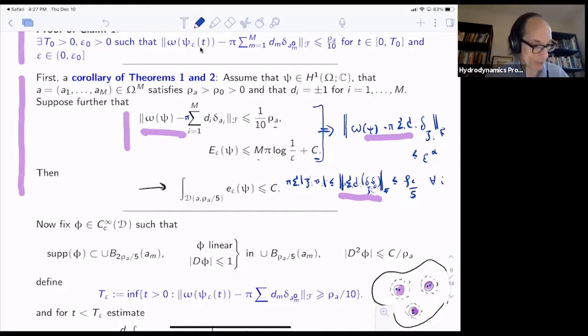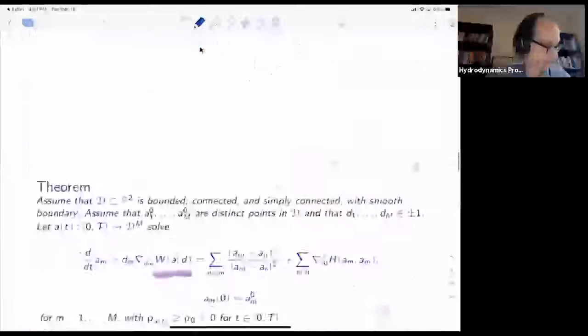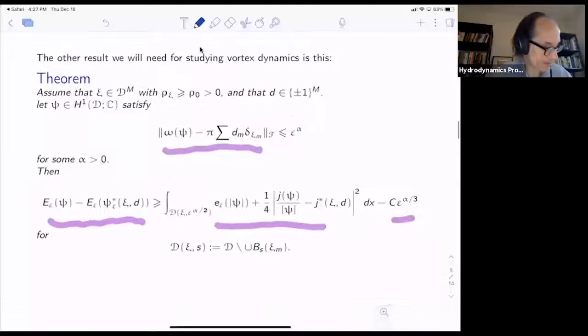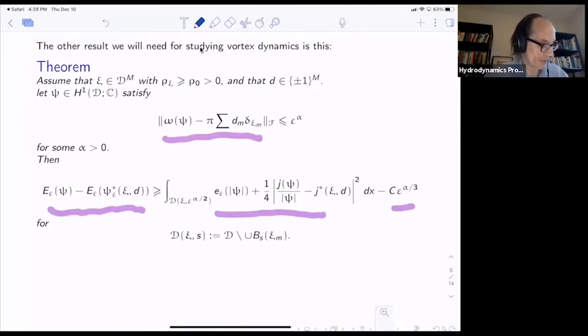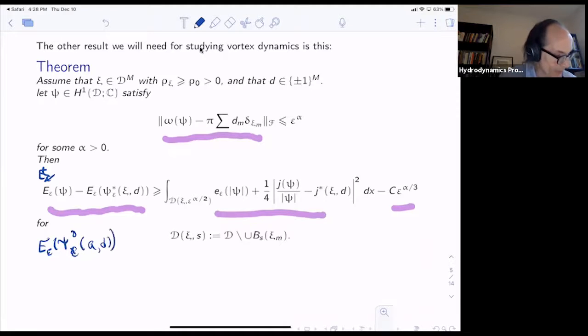So we apply theorem 1, and then we apply, let's look at theorem 2. Right, and so when I apply theorem 2, I would have this, and this energy is very close to, this is basically E epsilon of psi star epsilon with vortices at the points A0.